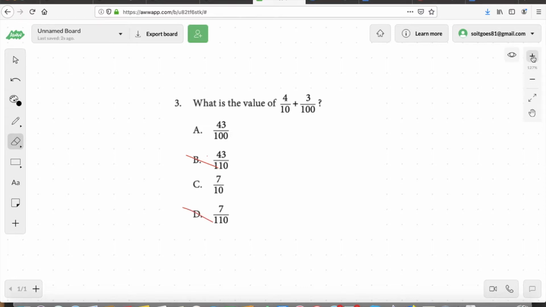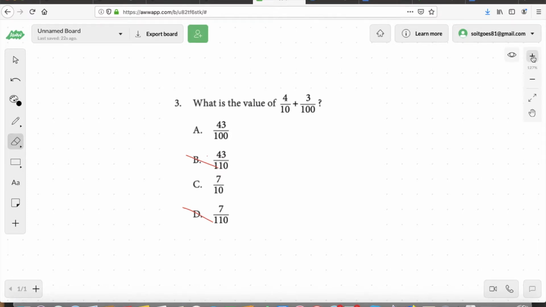Why can we eliminate C? Because of the number it is. I don't know if it would be 7/10. Well, how big is 7/10? Is that bigger than a 1/2 or smaller than a half? It's bigger than a half.